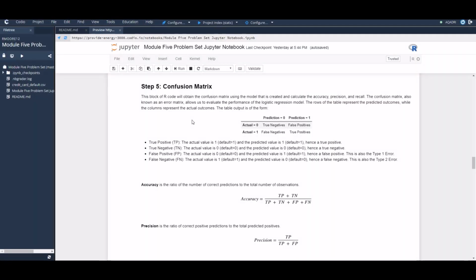So next we move on to the confusion matrix. This is a way to test the utility of the logistic regression model. Using the confusion matrix, we can figure whether the model does a good job of predicting the response variable on the dataset that it was trained with.